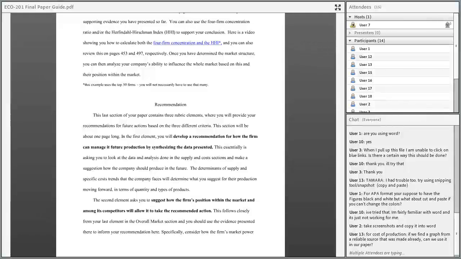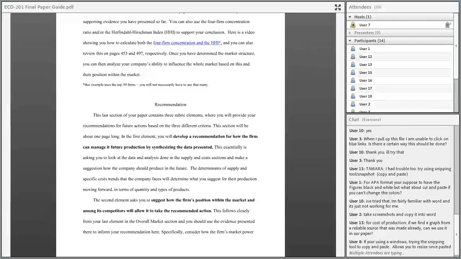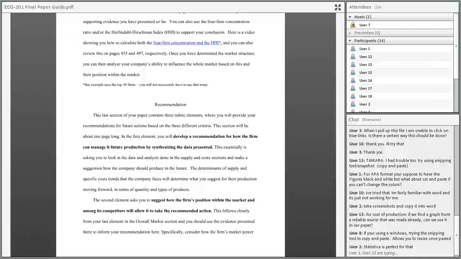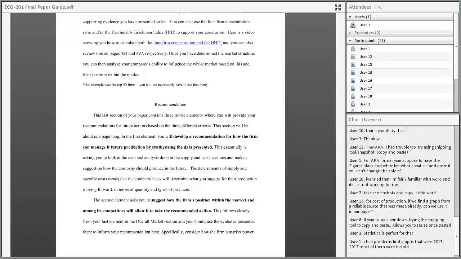Jeff, if you find a graph from a reliable source for the cost of production, sure, go ahead and use it. And what you can do is then go to the income statement for your firm and verify that those numbers are correct or accurate, because you'll have to discuss them anyways in the content that you develop. So if the source is reliable, yeah, sure, you should use it.